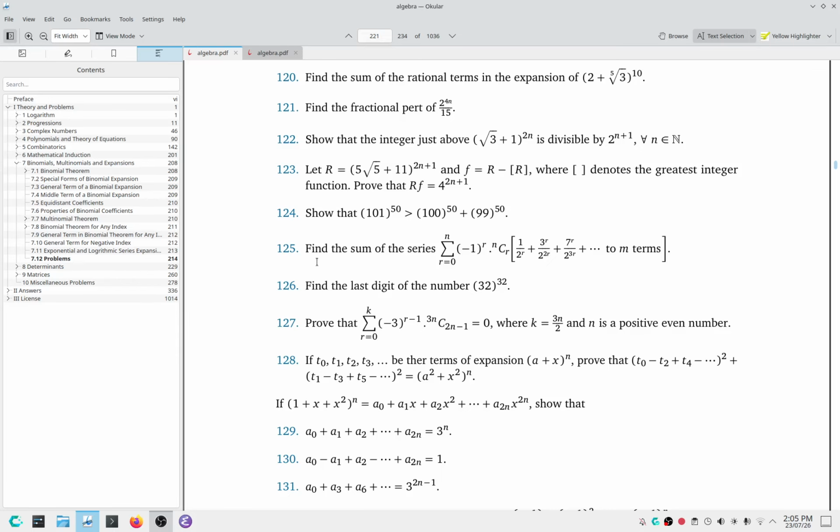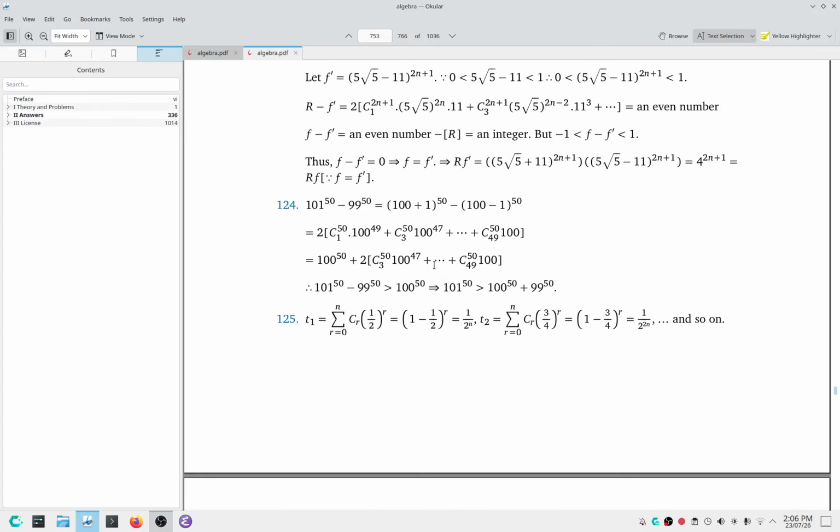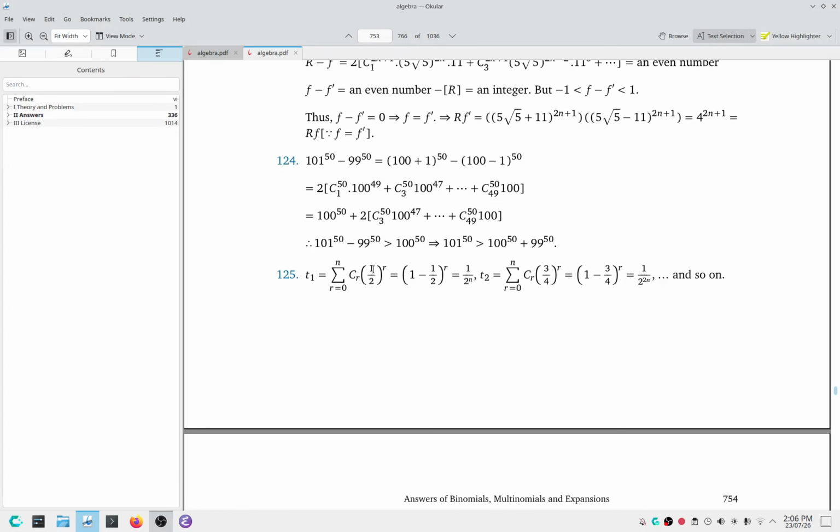Question number 125 says that find the sum of the series sigma r is equal to 0 to n, minus 1 to the power r, nCr times [1 upon 2 to the power r plus 3 to the power r upon 2 to the power 2r plus 7 to the power r upon 2 to the power 3r up to m terms]. So we can write the first term as sigma CR, r is equal to 0 to n, 1 upon 2 to the power r, which is equal to 1 minus 1 upon 2 to the power r, that is 1 upon 2 to the power n.